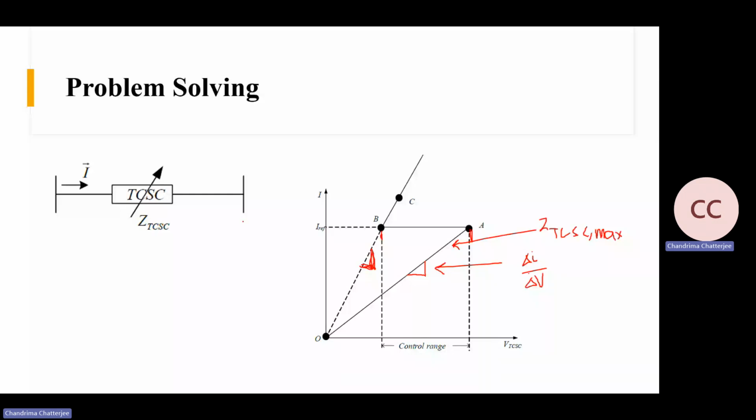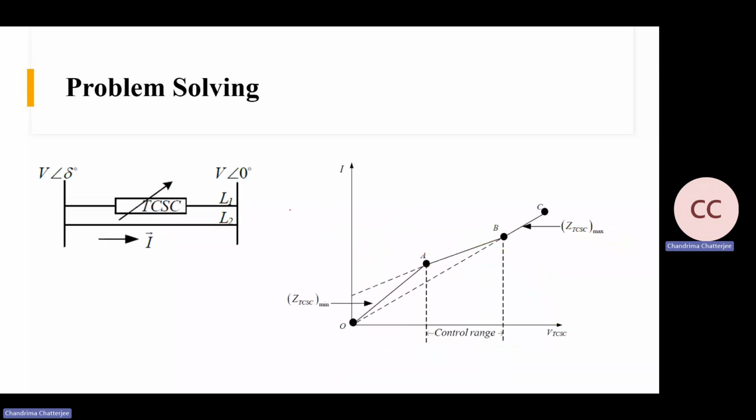So this is constant power control, and there is another control which is called constant angular difference control. In that case, there is a line parallel to the TCSC compensated line and constant power is maintained in this line. The TCSC is controlled in such a way that constant power is maintained in this line. As constant power is maintained, delta is constant, because the power is a function of this angle delta.